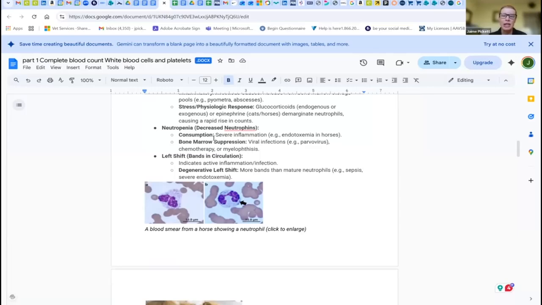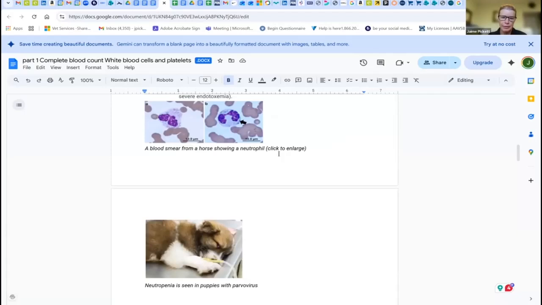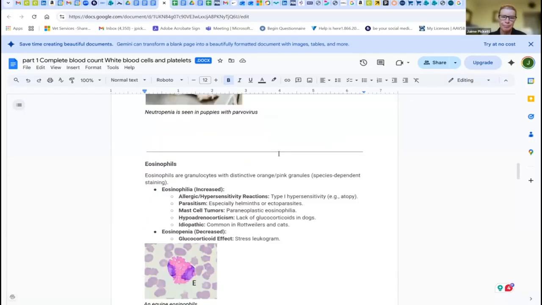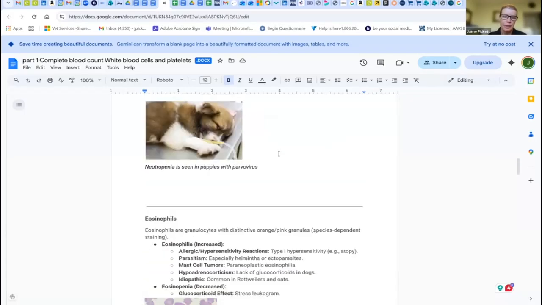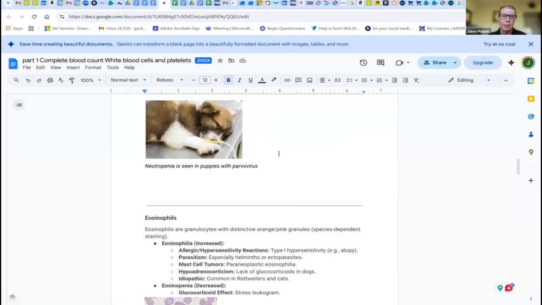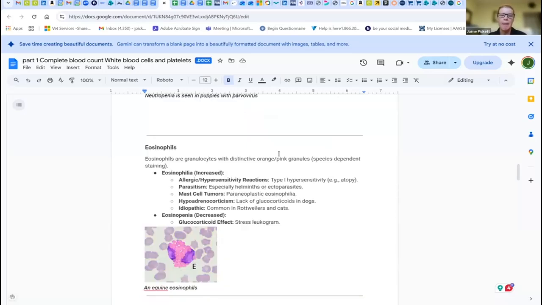But a degenerative left shift, where there are more bands than mature neutrophils, is a warning sign for severe systemic disease or sepsis. So we really need to watch out for that left shift. And of course, like we talked about, there's the picture of the neutropenia in the parvo puppies.